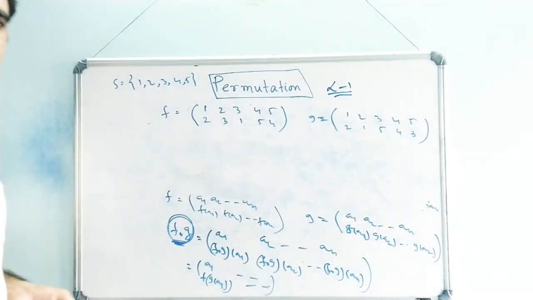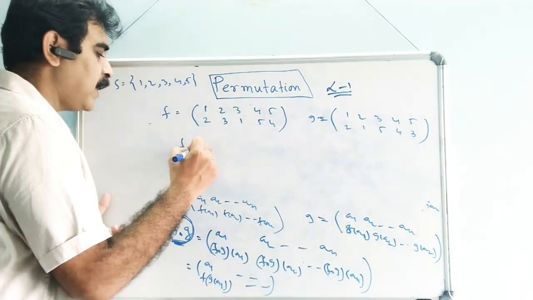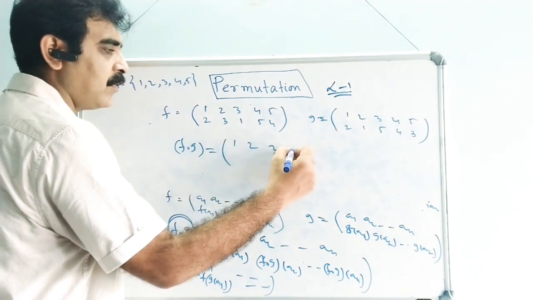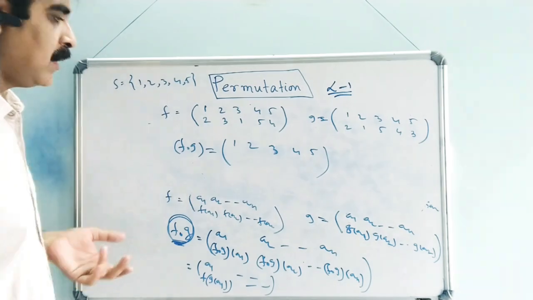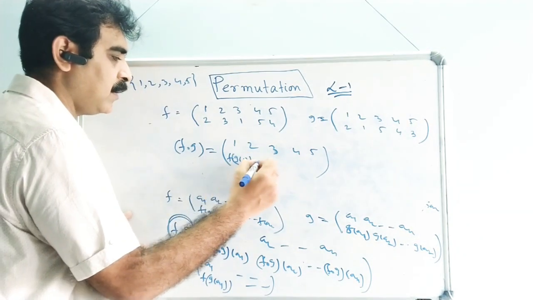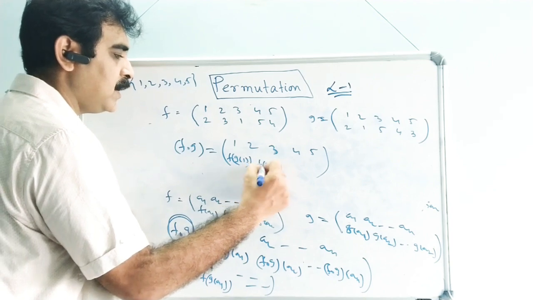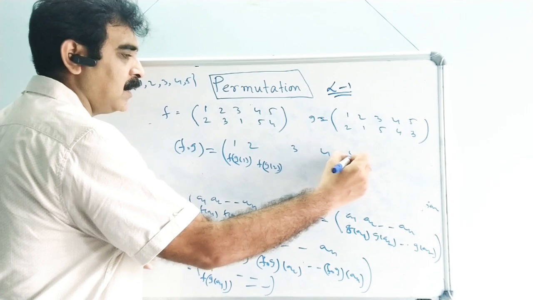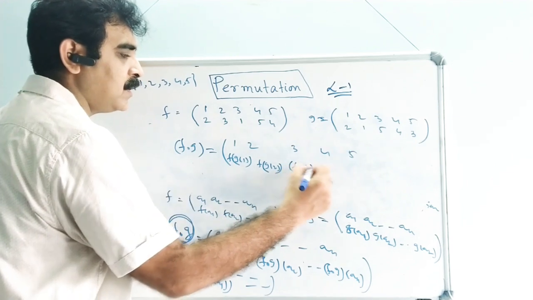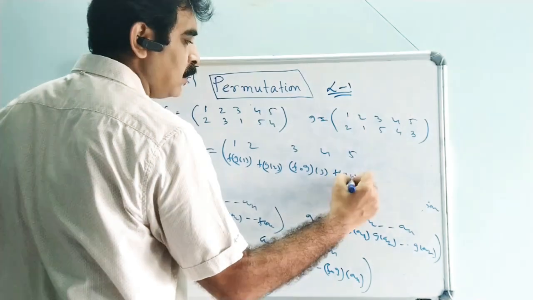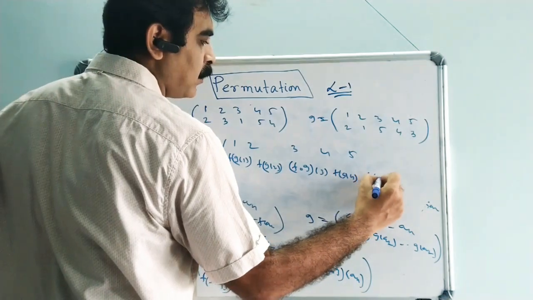Okay. Then if we take F compose G, we write 1, 2, 3, 4, 5 and here we have to write (F compose G)(1), (F compose G)(2), (F compose G)(3), (F compose G)(4), (F compose G)(5).